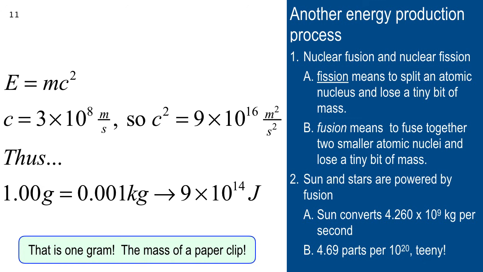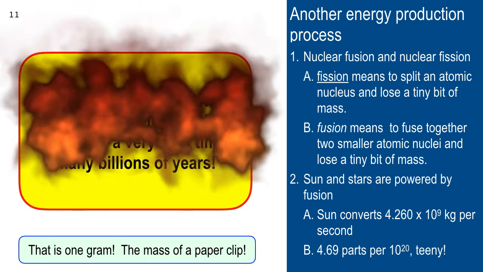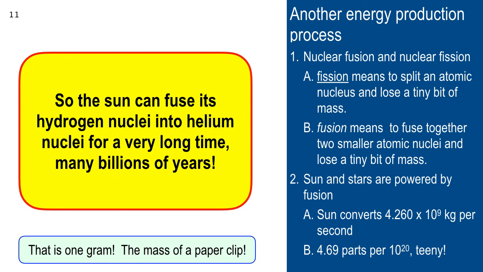So the bottom line for us is the sun can fuse at this rate till the cows come home, billions of years. That is one of the reasons we know the sun is very stable.